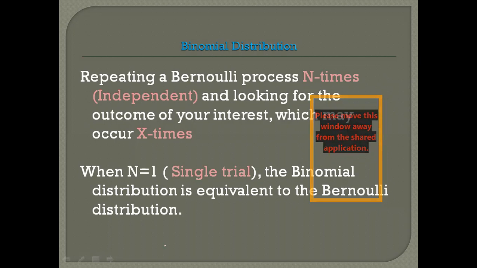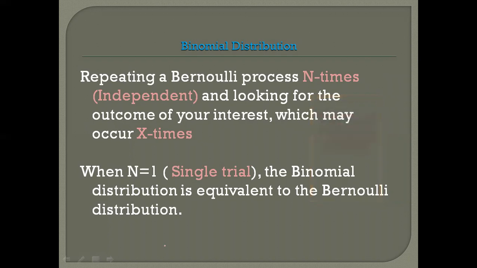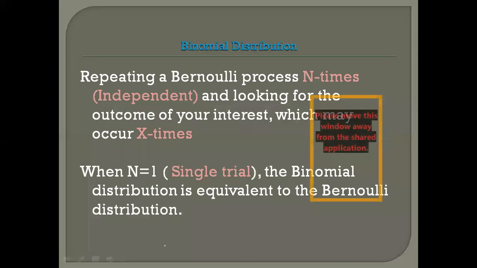Performing one question means you are performing a Bernoulli process. Now if you're repeating it 10 times, this is a binomial distribution. You're performing it 10 times, and how many you got right is the outcome of a binomial distribution, right?